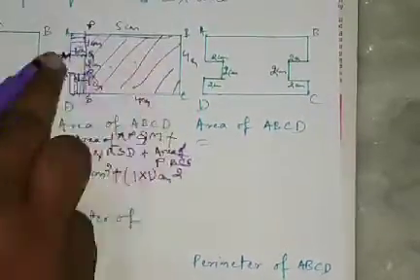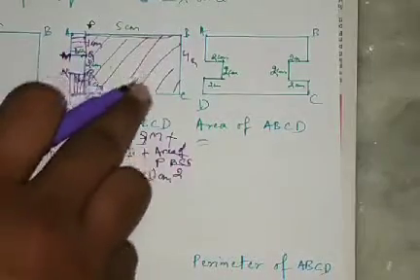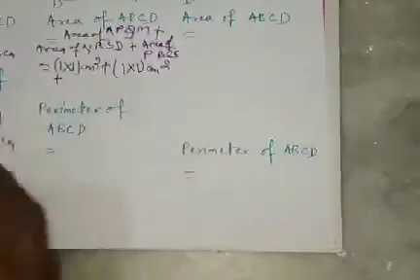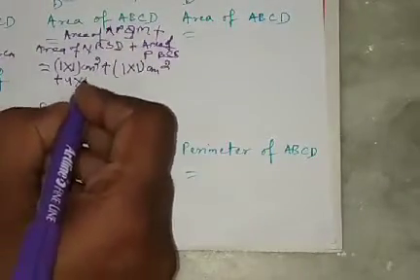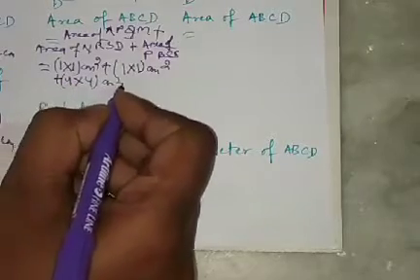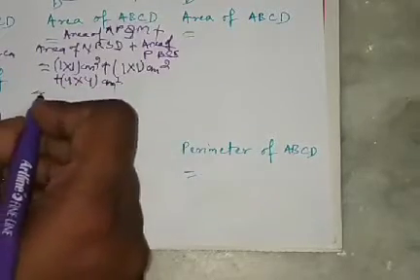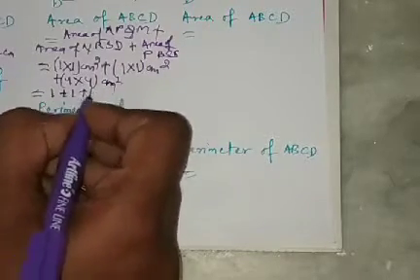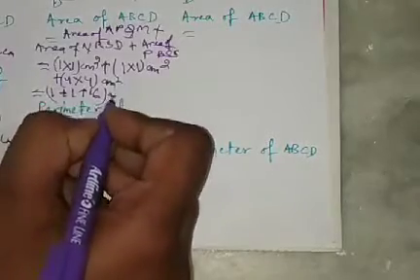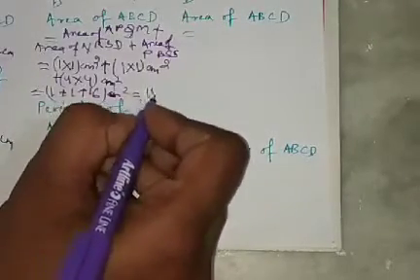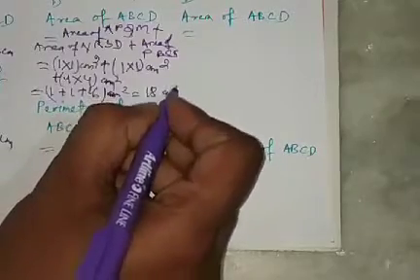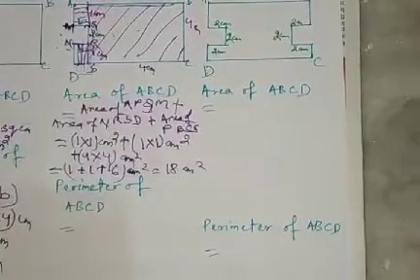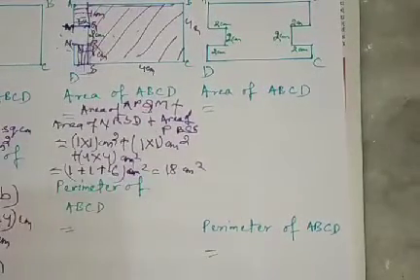Now we will find this area: 4 into 4 cm square means BC into CS, 4 into 4 square centimeter. So we got 1 plus 1 plus 16, which is 18 square centimeter. Look here, when we have cut this portion, this area has become different.